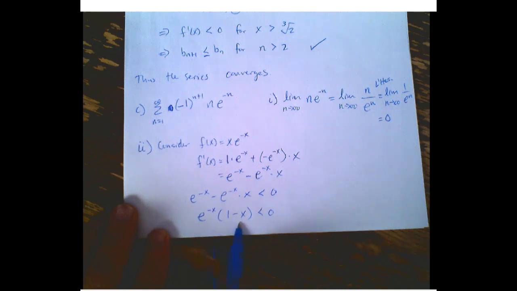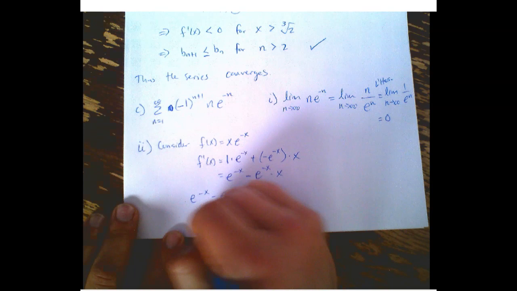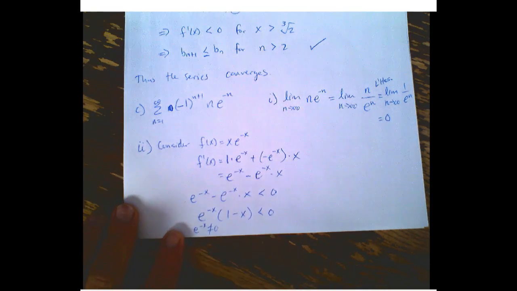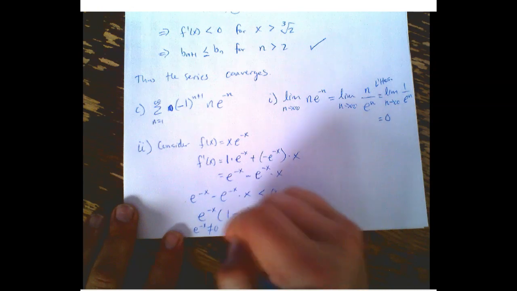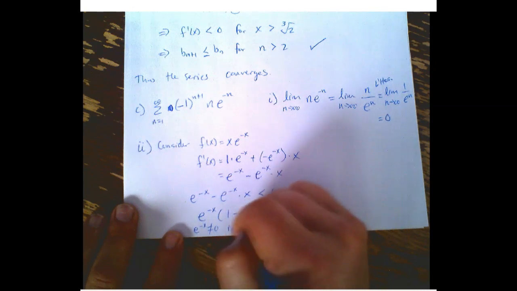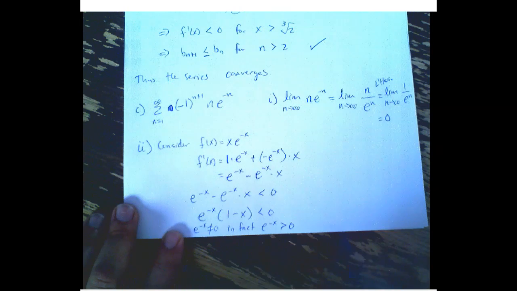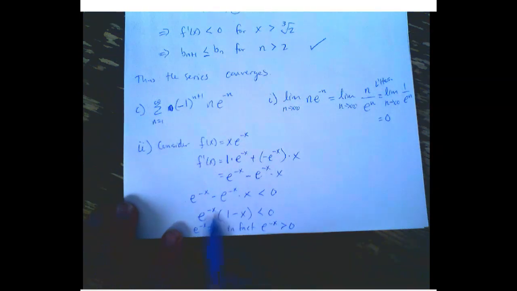And we can do a sign test here. So note that e to the negative x is never equal to 0. Right? And in fact, it's always greater than 0, right? E to the negative x is always a positive number. So this is always positive.